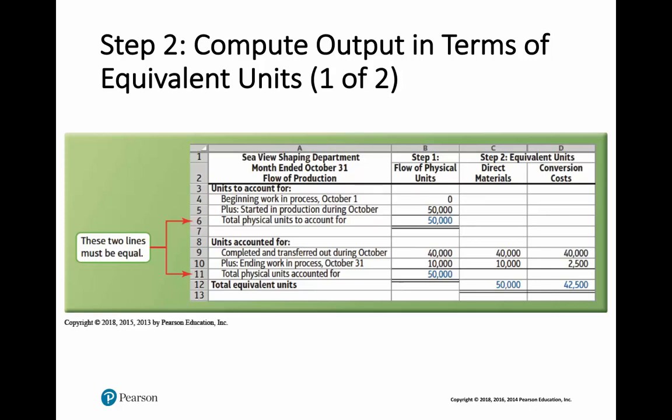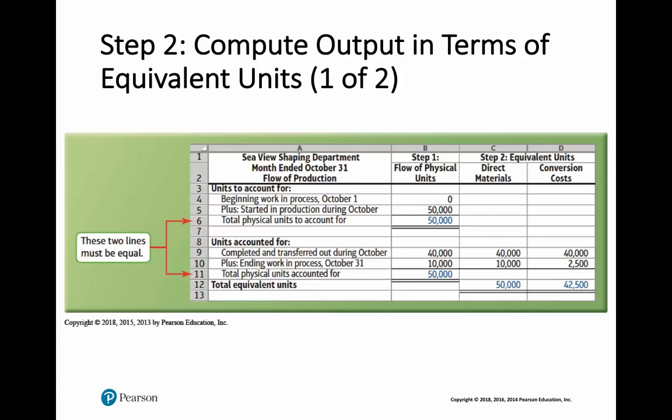All right, so every time, we start with what was completed and transferred out during the month. For that, 40,000, and we just put 40,000 in each one of our categories. So direct materials, 40, conversion, 40.